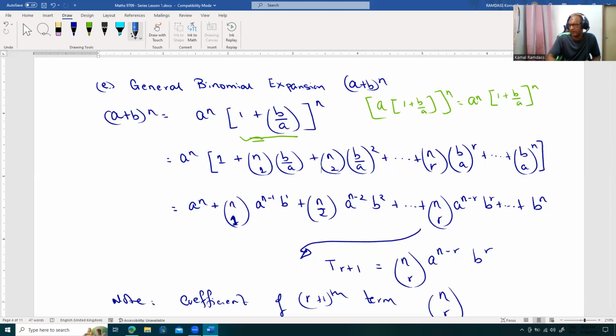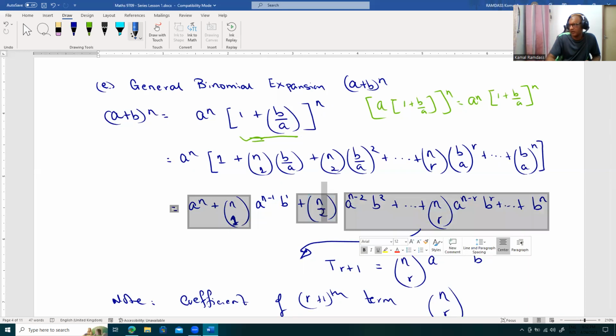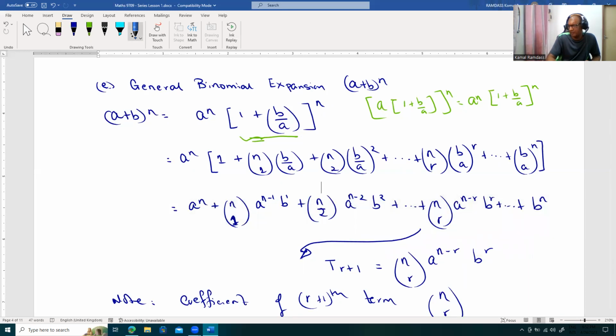Bon, à ce là, on est capable de réintroduire à l'intérieur, on va gagner a to the power of n, coefficient remains the same, et ça, il va venir a to the power of n minus 1 b to the power of 1, coefficient remains the same, a to the power of n minus 2 b to the square plus nCr a to the power of n minus r b to the power of r et puis égal jusqu'à b to the power of n.